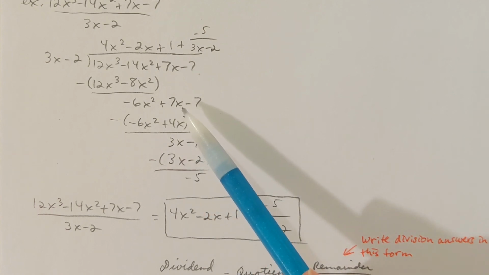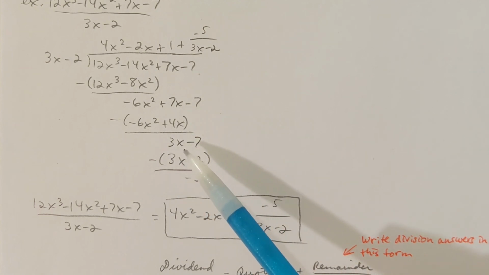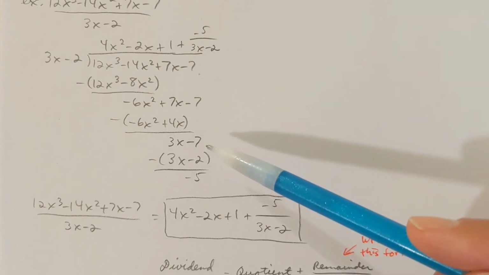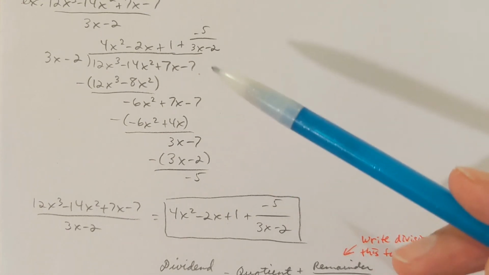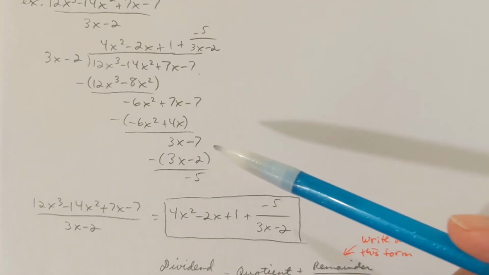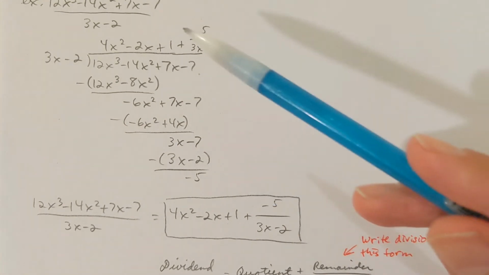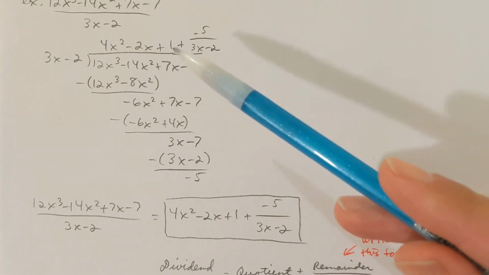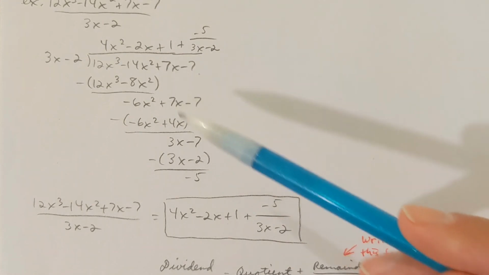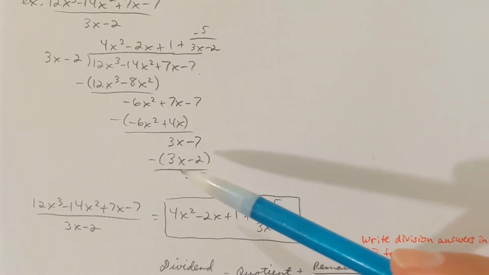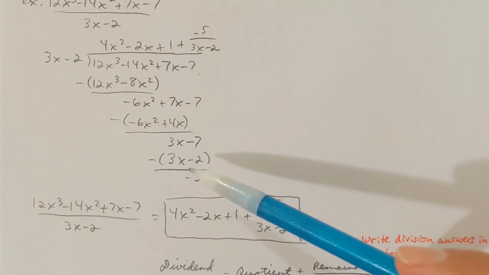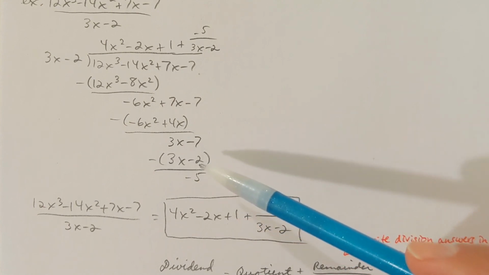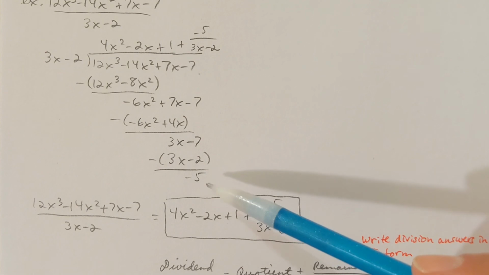And 7x minus 4x gives me 3x. Bring down the minus 7. And 3x minus 2 goes into 3x minus 7 one time. So I wrote 1 there. And 3x minus 2 gets subtracted. 3x minus 3x is 0. Negative 7 plus 2 gives me negative 5 as the remainder.